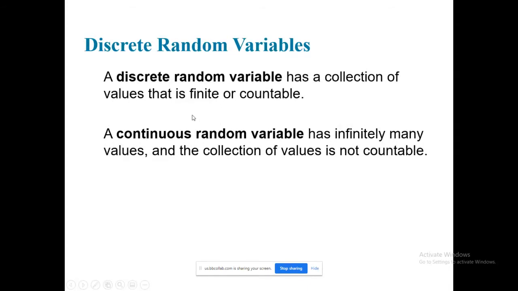There are two types of random variables we're going to look at. We're going to look at something called a discrete random variable and a continuous random variable. A discrete random variable is anything that's countable. For example, the number of times a coin is flipped and the number of times heads is shown.